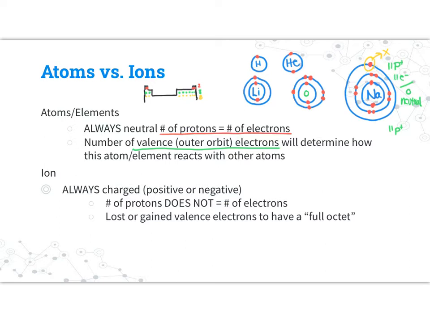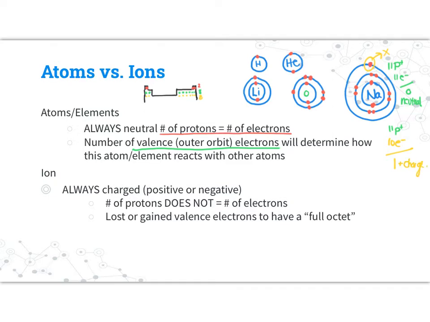But now I only have 1, 2, 3, 4, 5, 6, 7, 8, 9, 10 electrons. So 11 positives and 10 negatives make a 1 positive charge. Oh, I should just put a plus, sorry, not a P. P means proton. So we have a 1 plus charge.